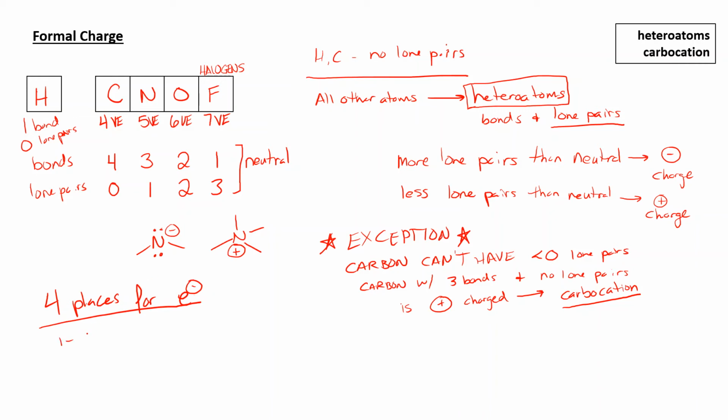The first one that we defined is a sigma bond, right? A bond that connects atom to atom. We also had pi bonds, right? Any additional bonds beyond that first bond. And then the third one is a lone pair. And lone pairs mostly have to do with heteroatoms, right? Heteroatoms tend to have lone pairs.